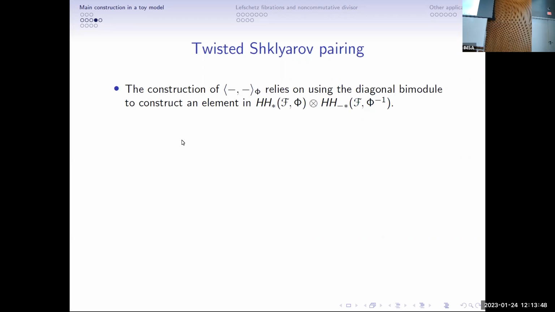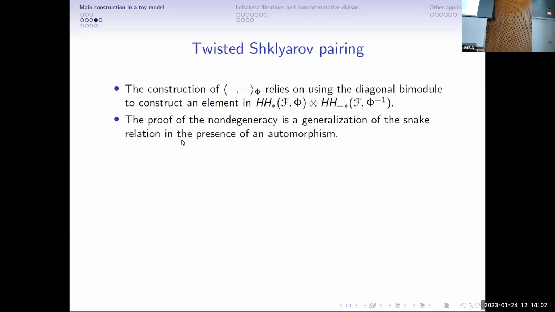You can also do this construction after inserting the automorphism. That more or less produces a kind of dual class, which represents the pairing on the twisted version. And proving non-degeneracy is based on a generalization of a snake relation, as in standard TQFT, but with the presence of the automorphism.